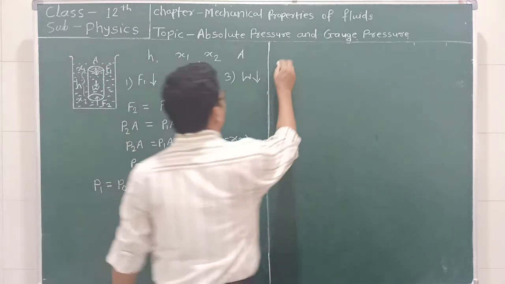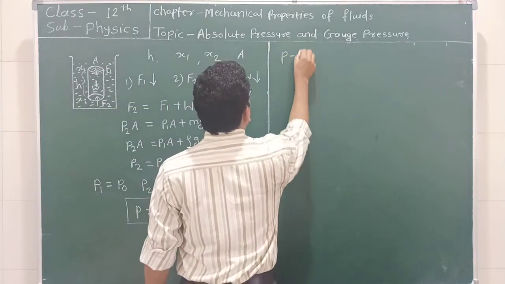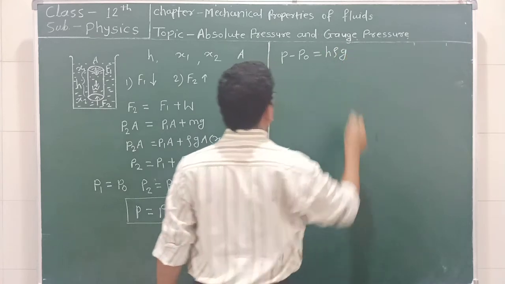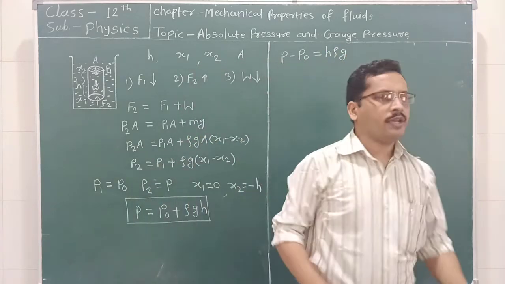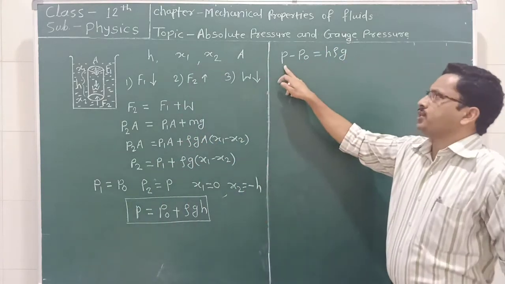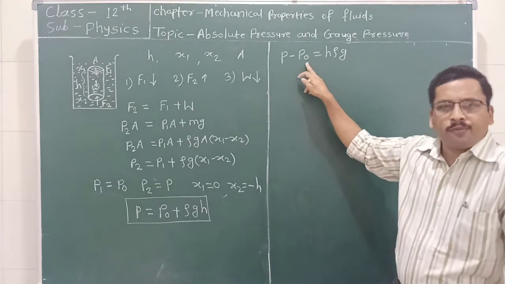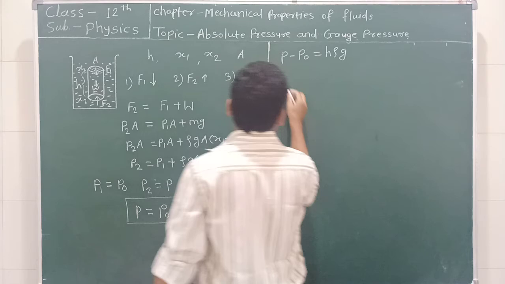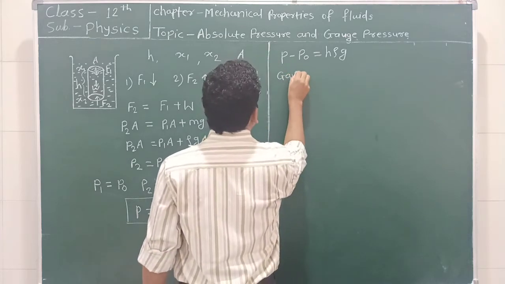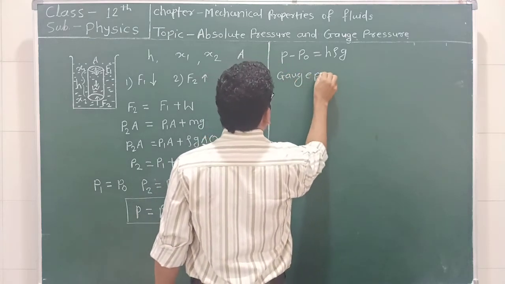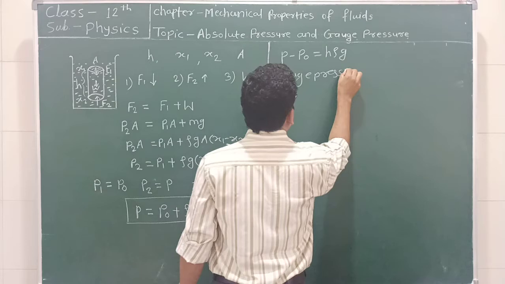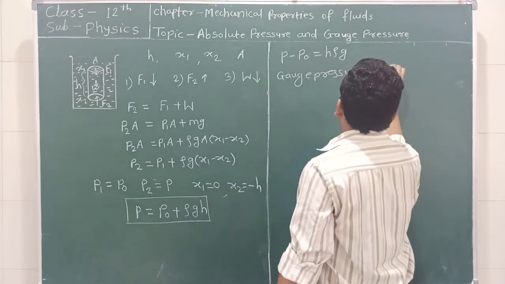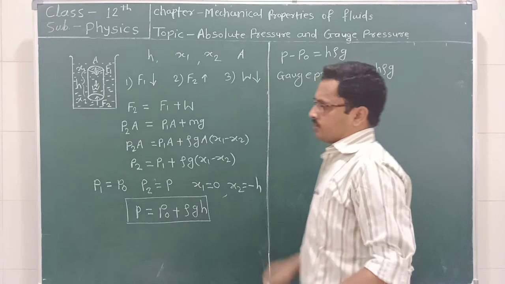So P minus P0, which is equal to h rho g, the difference between absolute pressure and atmospheric pressure, is called the gauge pressure. Gauge pressure is equal to h rho g.